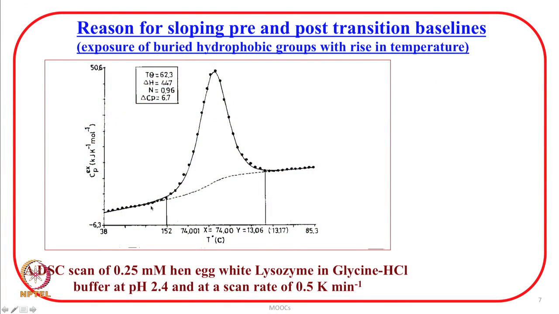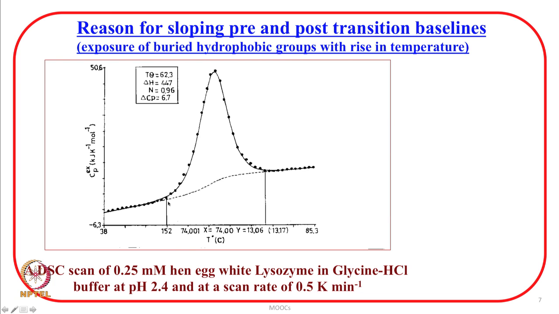This is what I was commenting upon, that if you increase the temperature, there is an increasing amount of degrees of freedom and relatively larger exposure of the hydrophobic groups towards the solvent, leading to an increase in heat capacity.